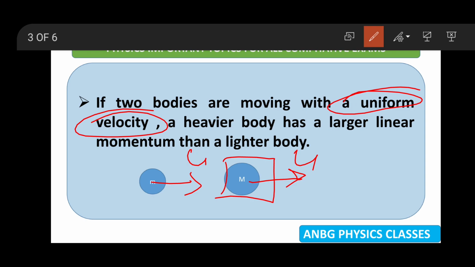When both are moving with uniform velocity, the object with larger mass has the maximum momentum. So momentum depends on the mass of the object. This is one condition.